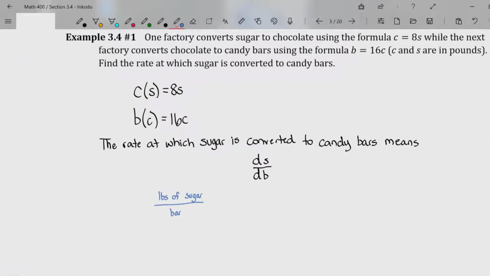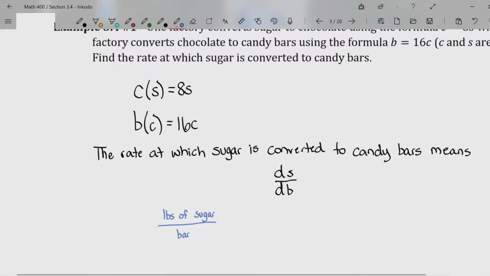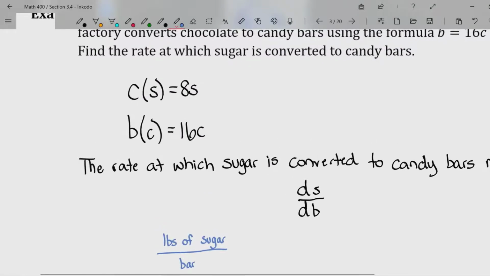Now let's talk about this. They didn't give us anything that directly relates sugar and candy bars. However, I could technically solve this equation for S. So I could say S is C over 8. And I could have sugar in terms of chocolate, sorry.